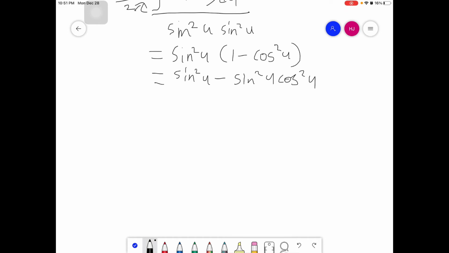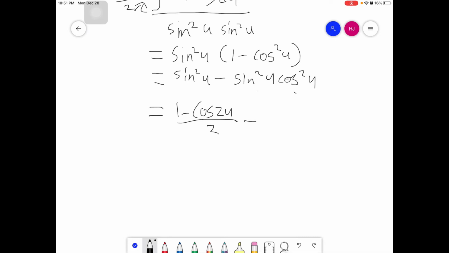So sine squared will equal 1 minus cosine 2u over 2. For these two, I'm just going to bring the 1/2 out, so I don't have to have the 1/2 on the bottom.